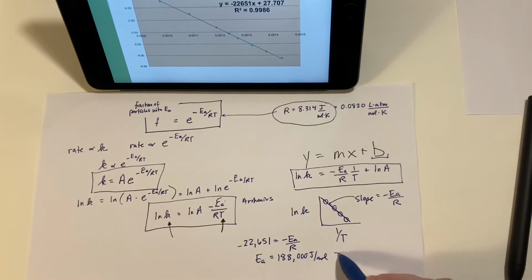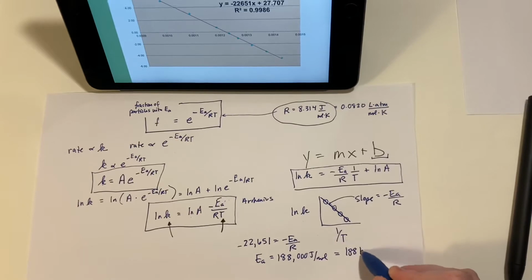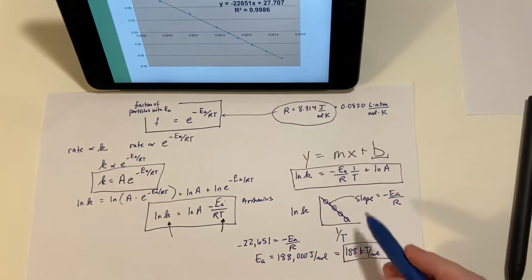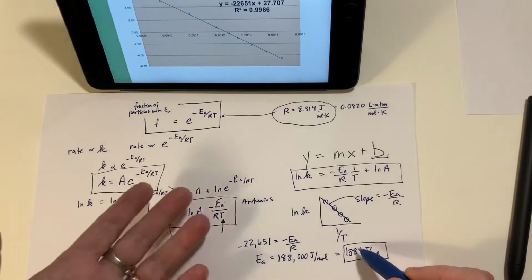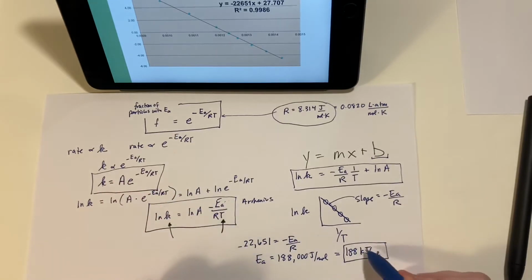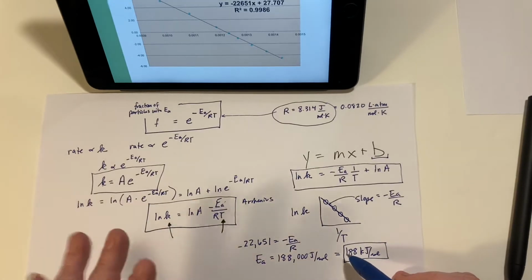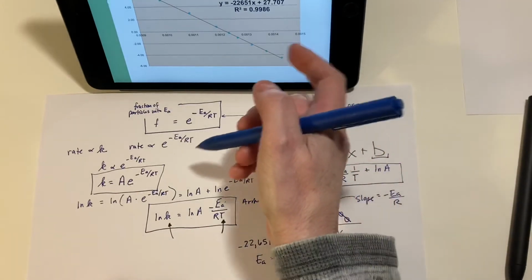That's so big, might as well express it as kilojoules per mole: 188 kilojoules per mole. So for our example, that's the activation energy of the reaction from that data. What does that mean? Well, this reaction is probably pretty slow under room conditions because that activation energy is higher than 100. That's the rule of thumb. Higher than 100, it's going to be slow.